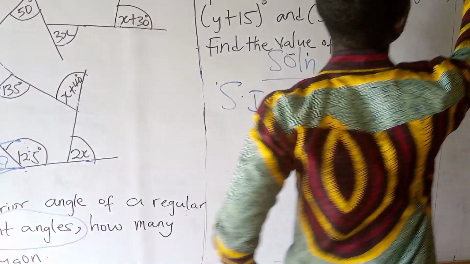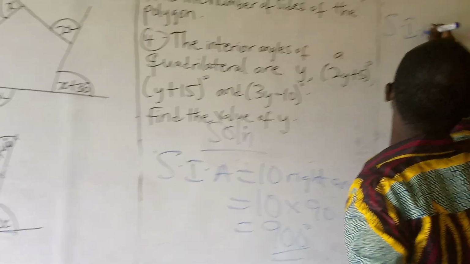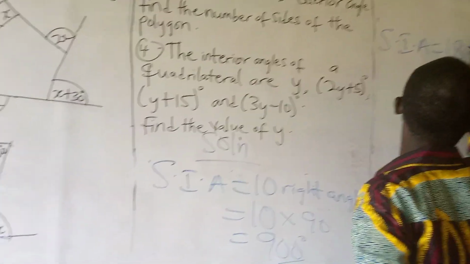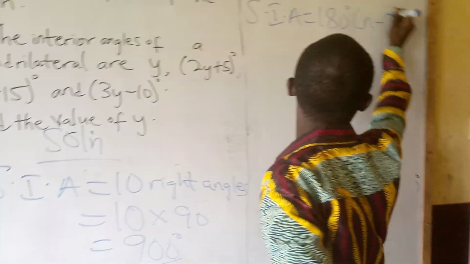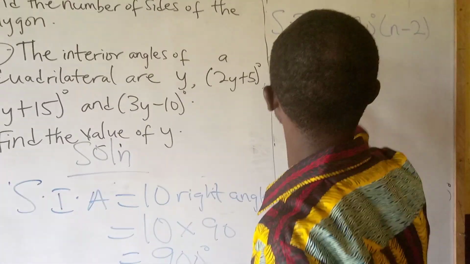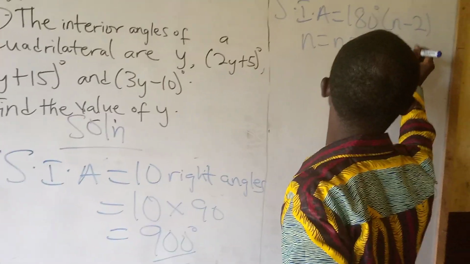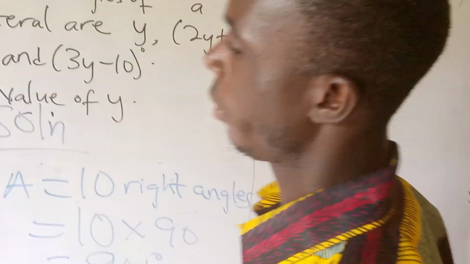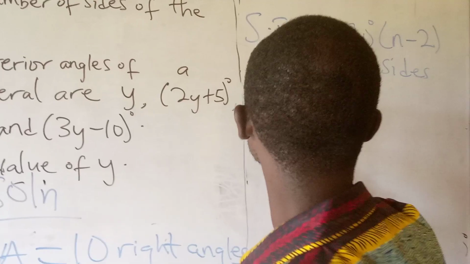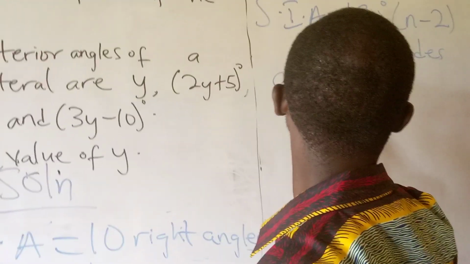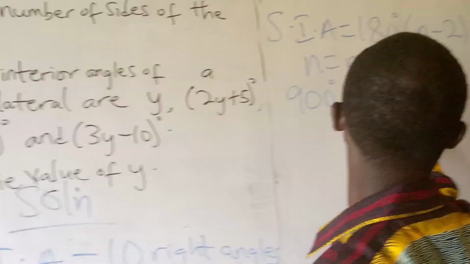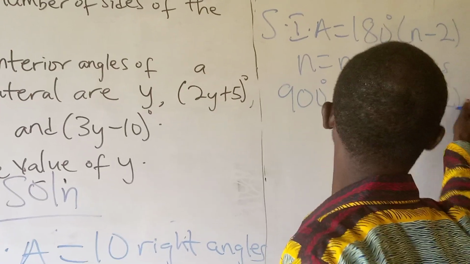So our sum of interior angles is equal to 180 times (n minus 2), that's the formula, where n is the number of sides. The sum of interior angles, we know it as 900, equals 180(n minus 2).